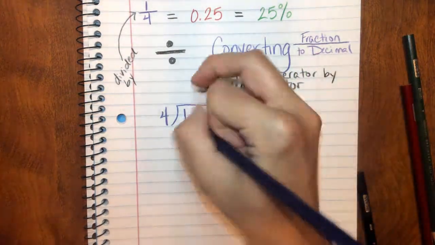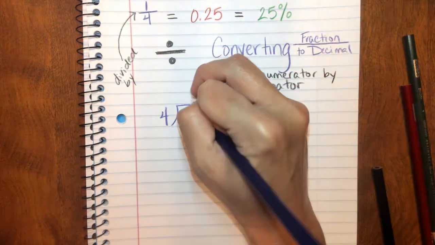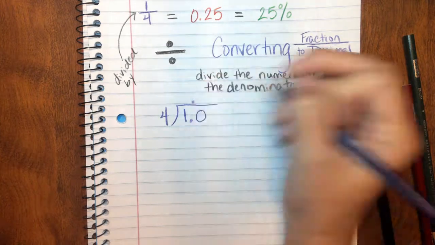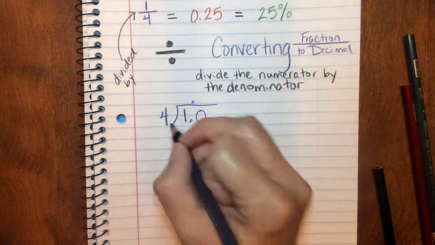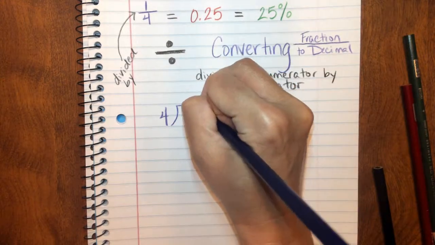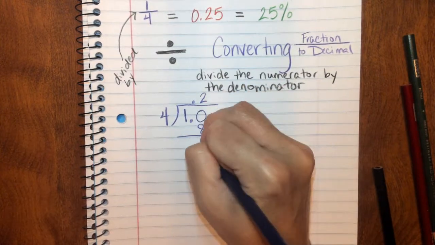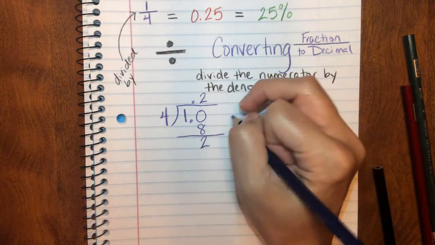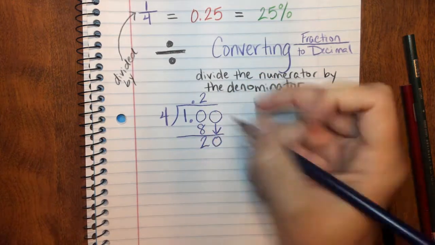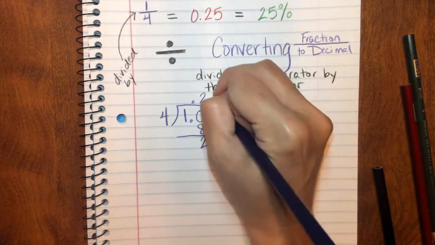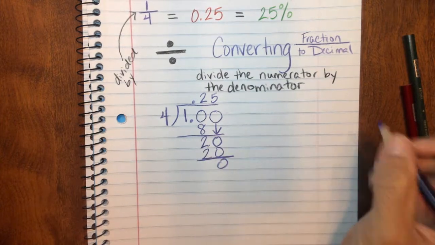4 does not go into 1, so I have to put a decimal and extend my number. If there's a decimal in the dividend, then you put a decimal matching in the quotient. Does 4 go into 10? Yes, it goes into 10 2 times. 2 times 4 is 8. 10 minus 8 is 2. 4 does not go into 2, so we're going to drop another 0 down. 4 does go into 20, 5 times. 5 times 4 is 20, and I am done.